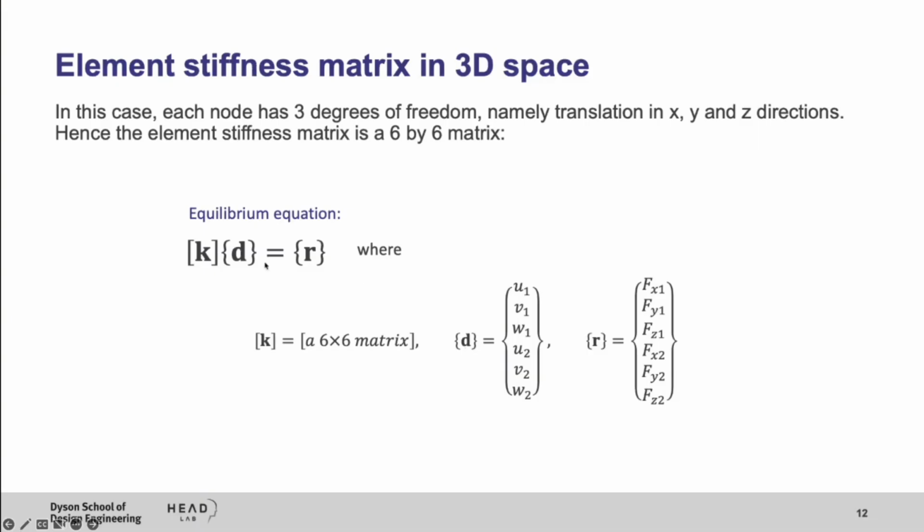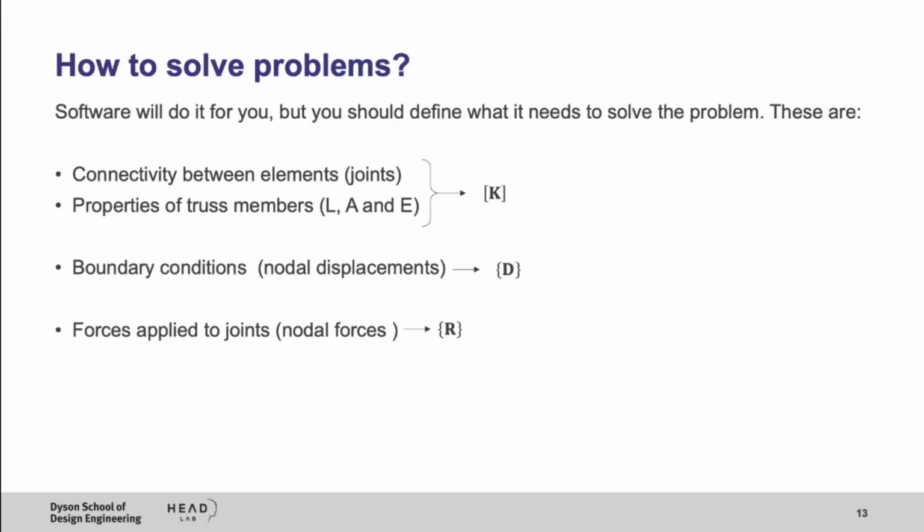So far I have shown you the equilibrium equation for the element, and how it can be assembled to find the equilibrium equation for the entire structure. Now the question is how to solve problems using this method. Do not worry, software will do it for you, but you should define what the software needs to solve this problem.